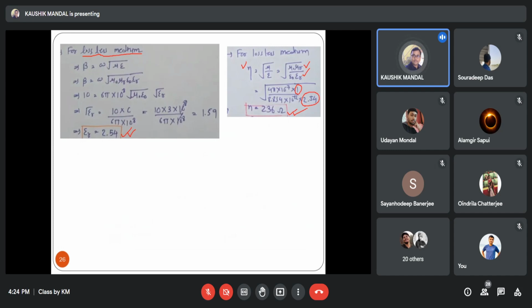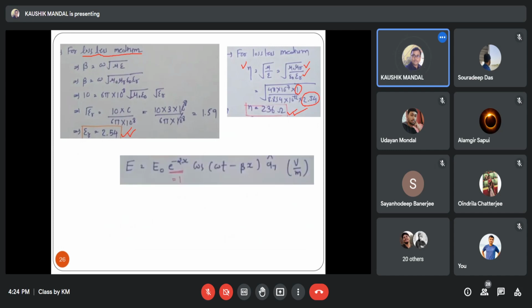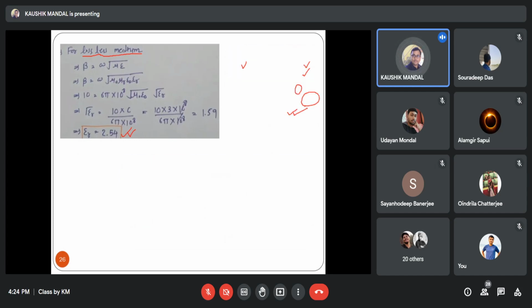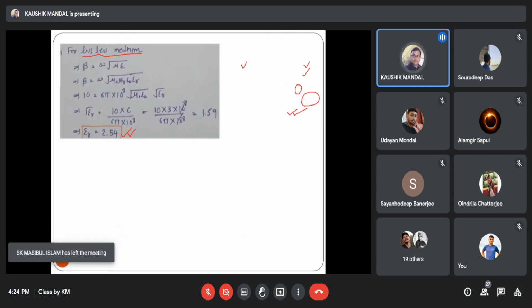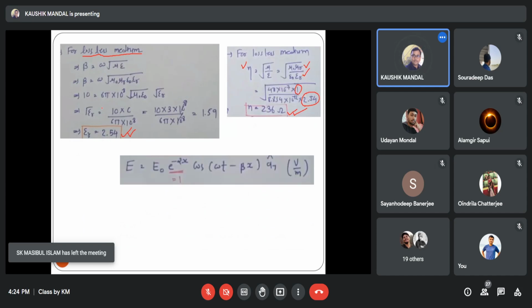Then if we move to the next, this is the next question. The time domain expression of electric field. Time domain expression of electric field is E0 e to the power minus alpha x cos of omega t minus beta x plus ay.